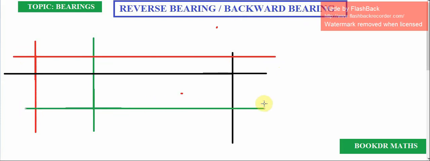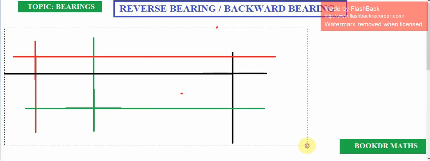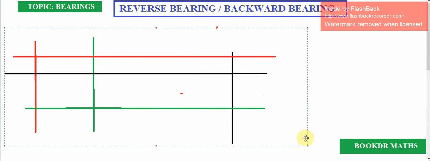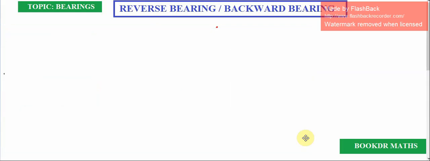You can see what I'm talking about. So the cardinal points, no matter where you draw them, the north-south line is always parallel to each other. The west-east line is parallel at any point you draw them.